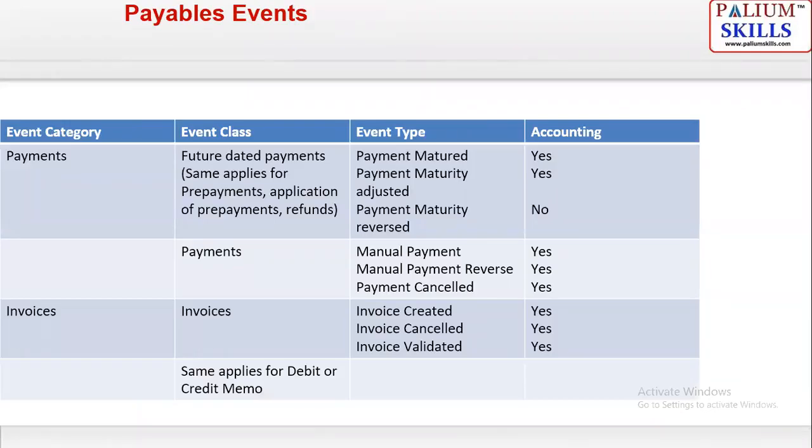So for each of these category, class, type, we can identify whether to do the accounting or not. Because of that, you can control the accounting at the event type level.